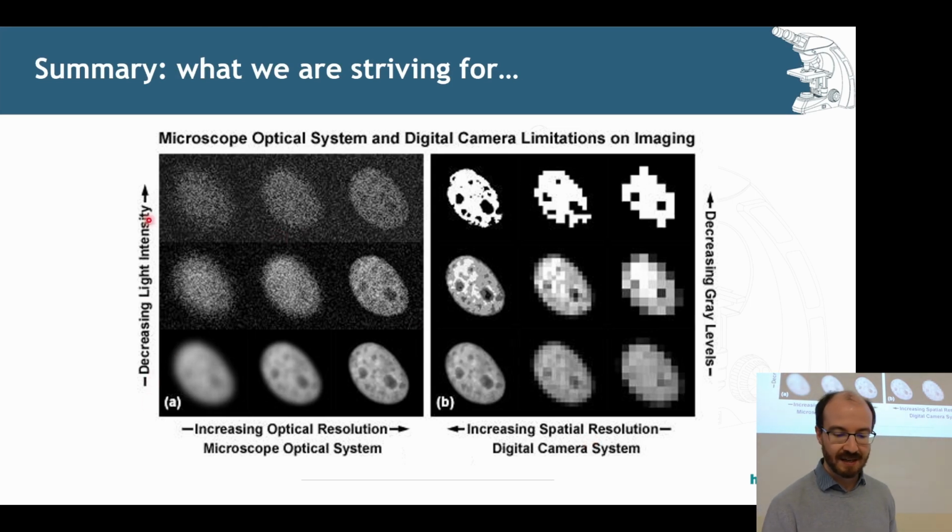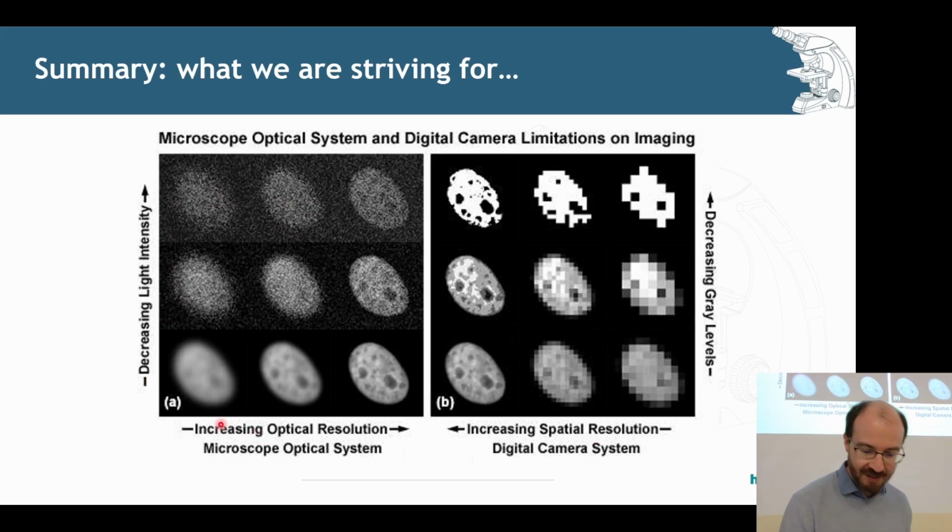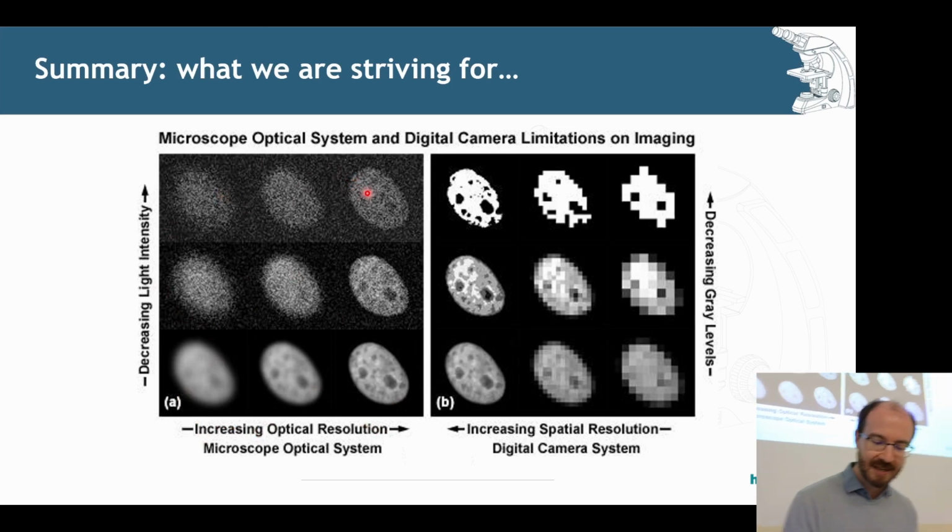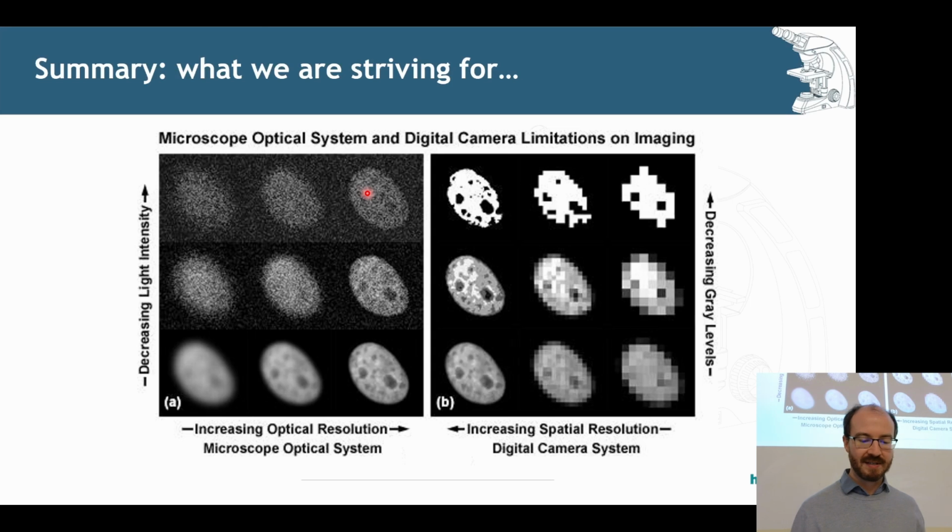So if you decrease the light intensity, then usually there's a bit more noise. If you increase the optical resolution, you get more clarity. And this noise that happens here is called shot noise. I haven't actually discussed this properly, but it's also called Poisson noise, where photons don't arrive at the sensor at a nice uniform interval.